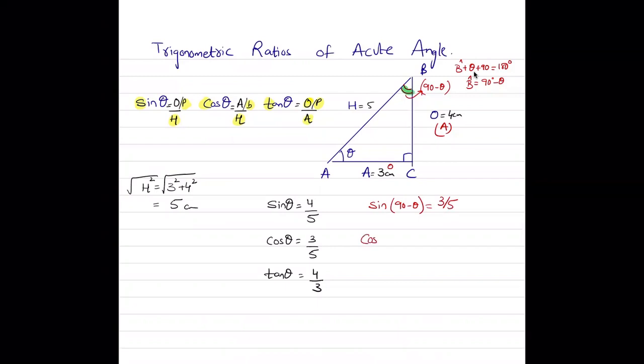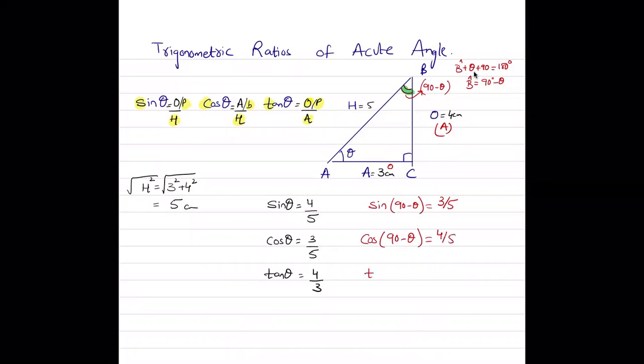What is cos of 90 minus theta going to be? 4 upon 5.